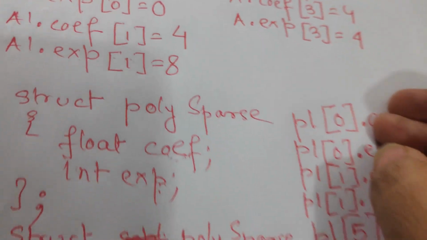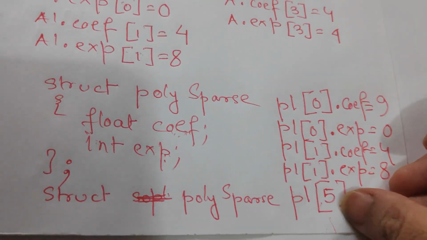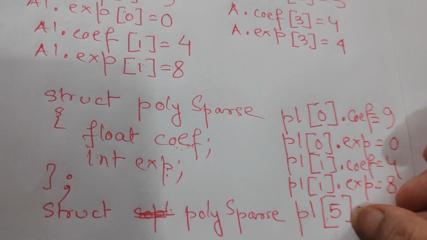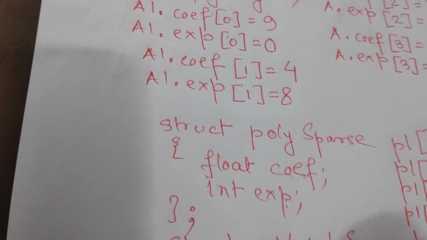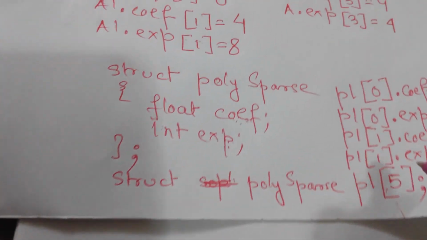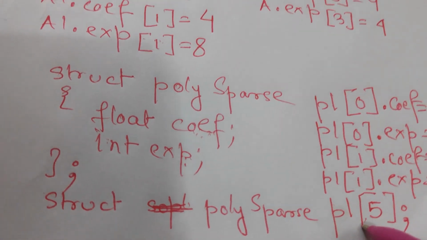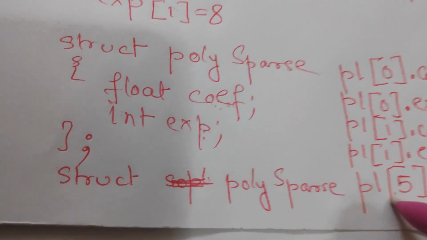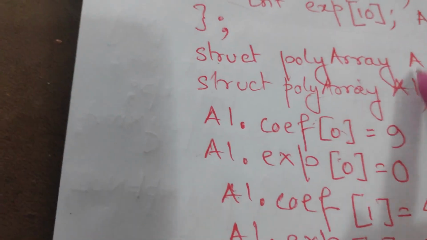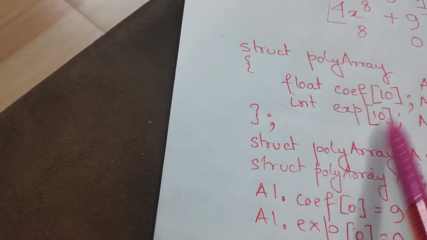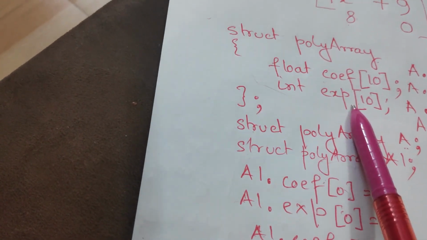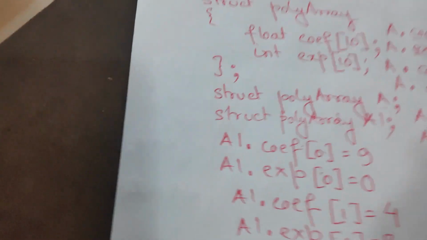So the number of unutilized spaces has been reduced. So again, when we are representing a sparse polynomial, it is wise to take an array of structure rather than declaring the whole array inside the structure.